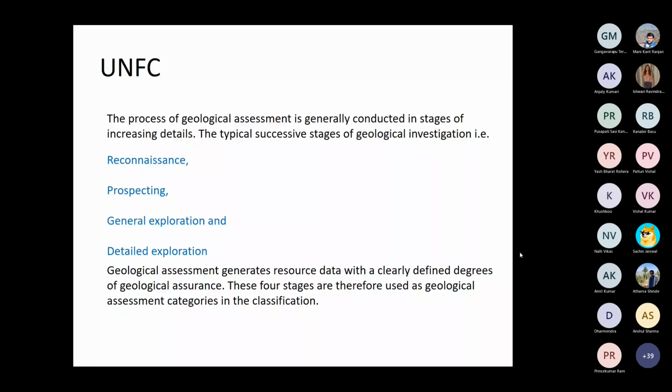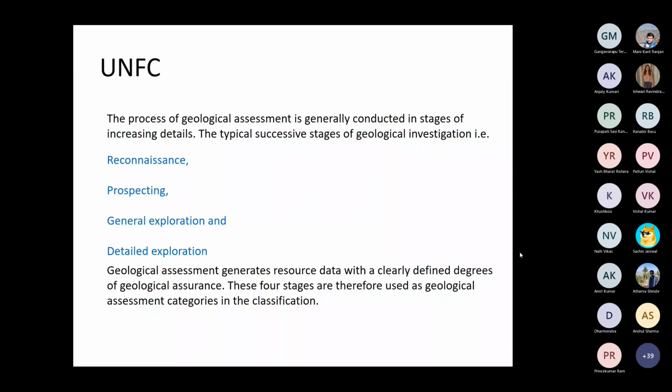So this geological assessment generates resource data with clearly defined degrees of geological assurance. That means how much you are assured, how much you know about the ore body. That's very important. So these four stages are used as the geological assessment category in the classification.